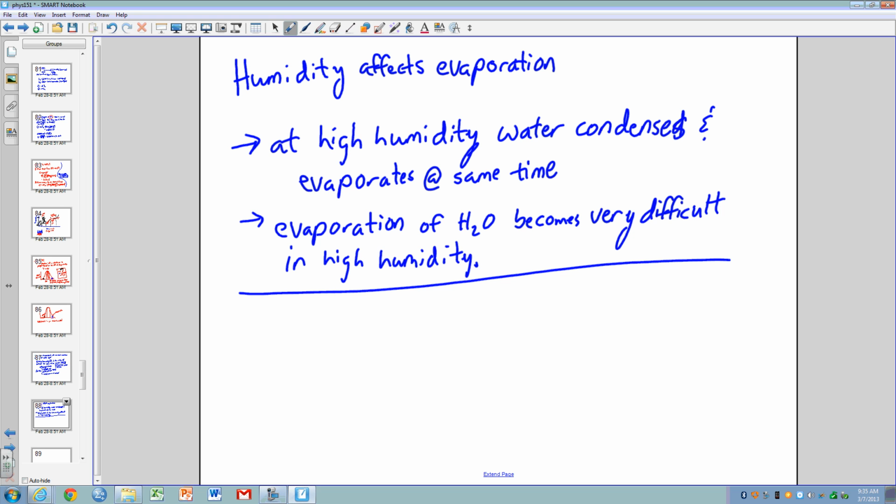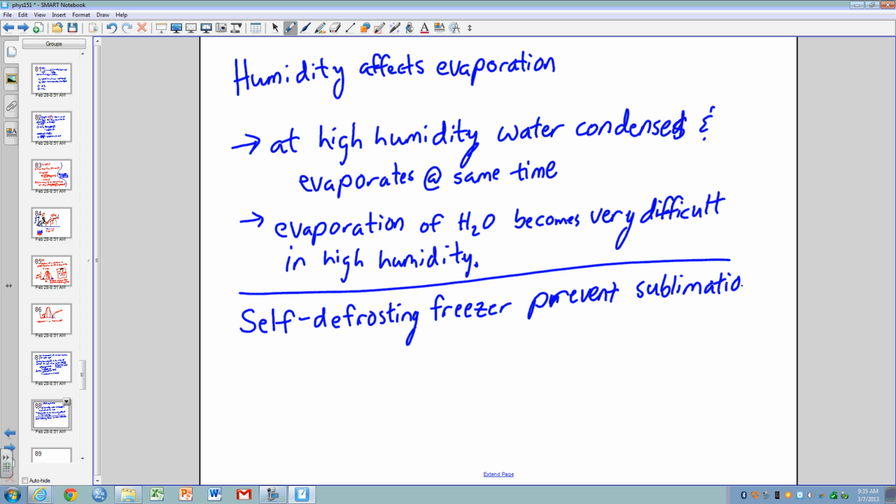Now, one more thing, actually. This is related, but a little bit different. Self-defrosting freezers prevent sublimation by keeping either a very low or high humidity.